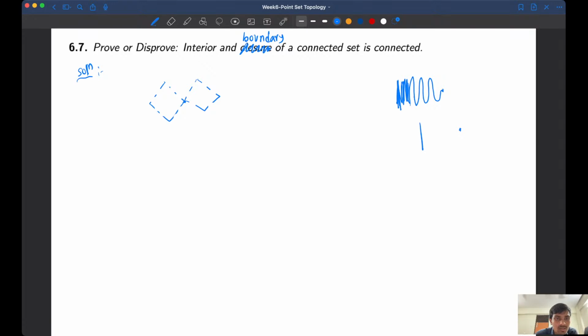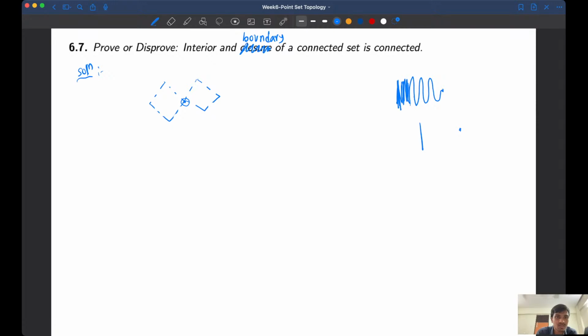Now the interior does not include this point, because any neighborhood of this point will not be inside any of these sets. So the interior will be a disjoint union of this thing and this thing. This is not possible, at least in one dimension. In R, whenever you have a connected set, the interior will be the whole of this thing.